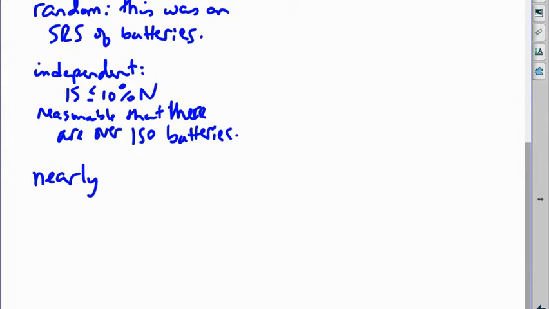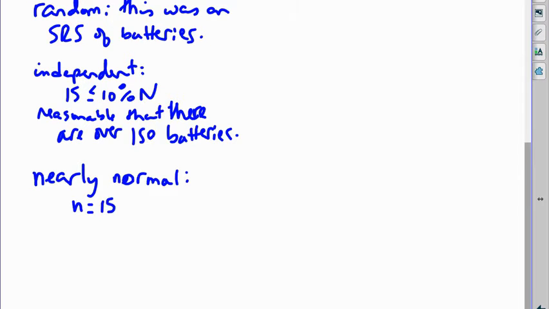Now, they didn't say it was nearly normal in the problem, so we can't just say it's nearly normal. We have to look at the size. We're looking at an n equals 15.